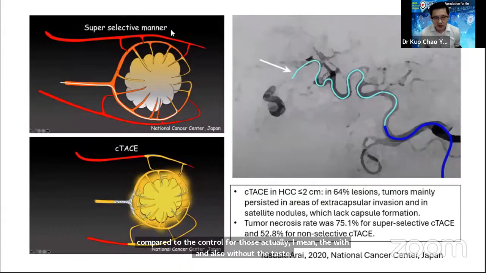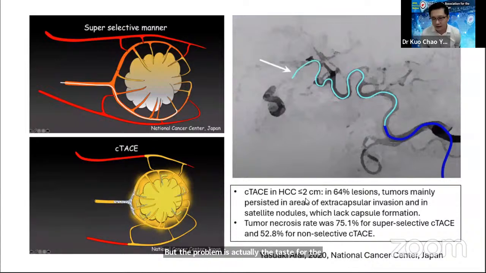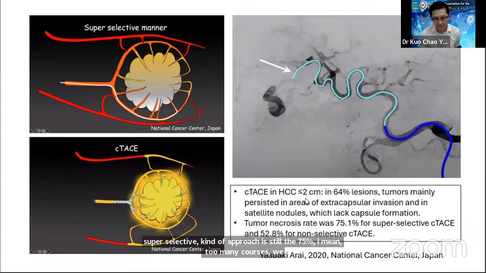But the problem is that for HCC even less than 2 centimeter, in 64% of lesions, tumor still mainly persists in the area, especially at the extracapsular invasion and satellite nodules. So even in the super selective approach, 75% tumor necrosis means 25% still has viable tumor.